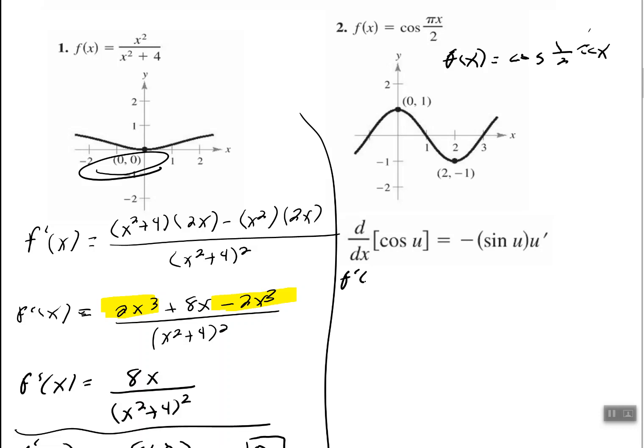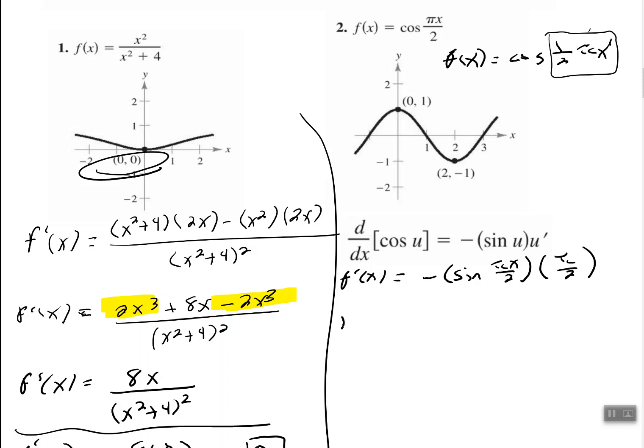So f prime of x should be negative sine of u, and the original u was pi x over 2, times u prime. So the derivative of 1/2 pi x. Remember, if we're just looking at this part here, 1/2 and pi are just considered as regular numbers. So we have the exponent of 1, so we multiply 1 times 1/2 pi, subtract 1, so the derivative of that is simply pi over 2.